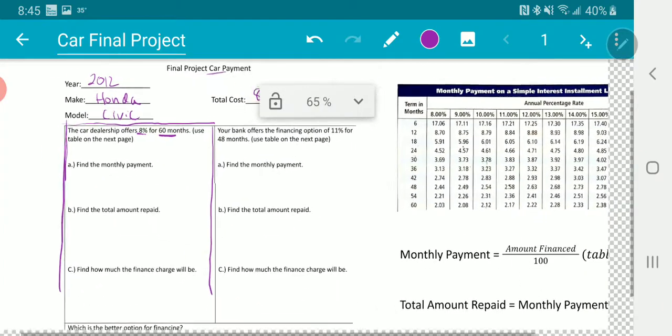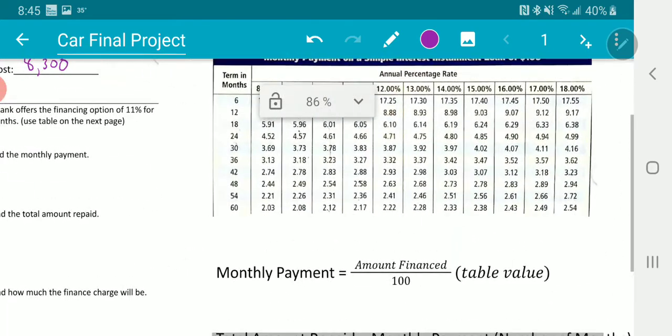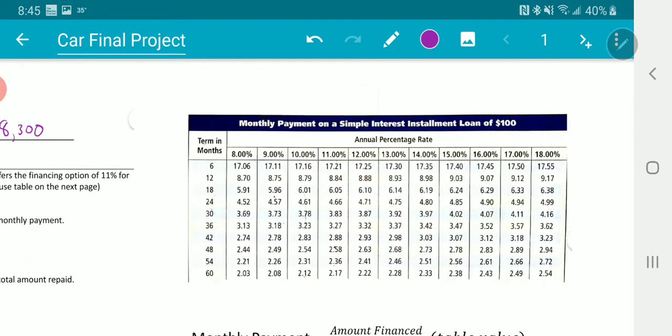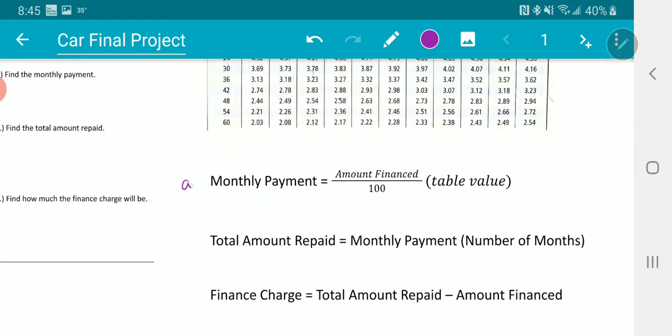So on your paper, the second page is actually going to give you this table, okay? Table right here. And it's going to give you the steps. It's going to give you the equations you need for part A, part B, and part C. All you have to do is find your amounts and plug in the values where they are appropriate, okay? So we're looking for the monthly payment, so that's what we want to find.